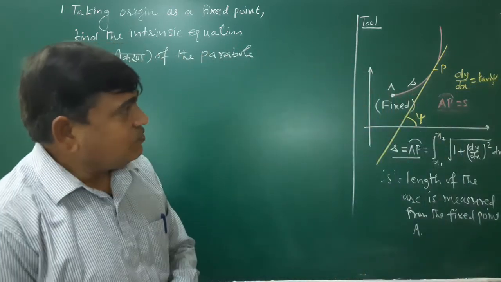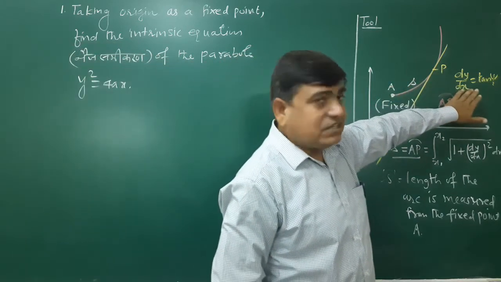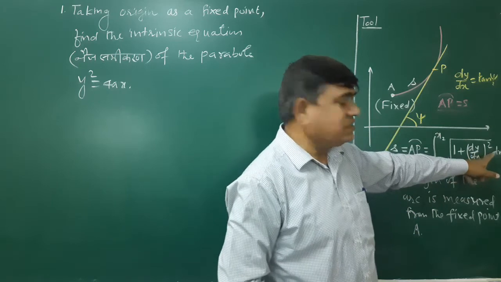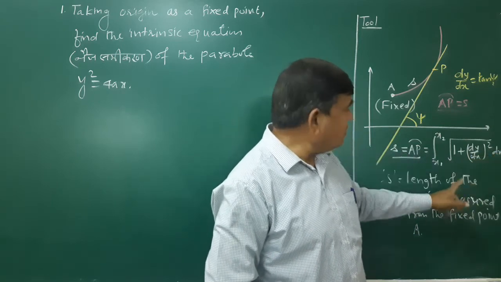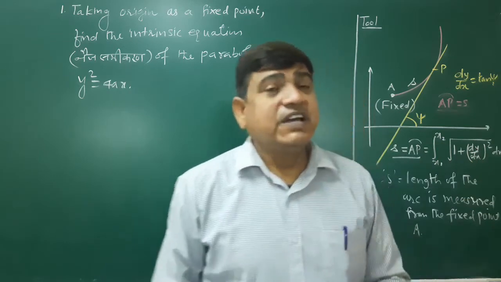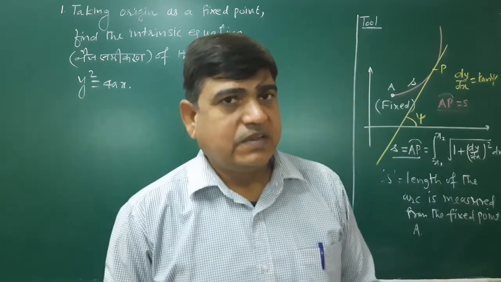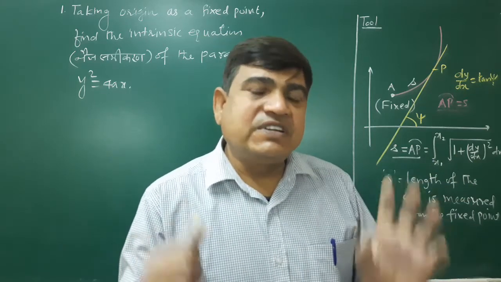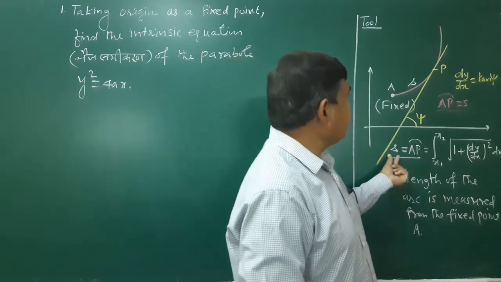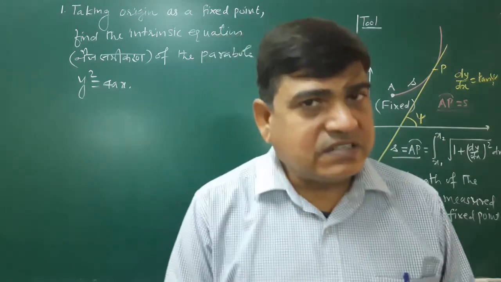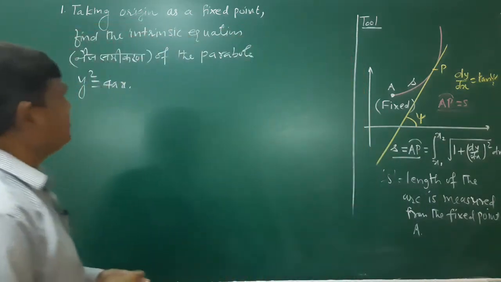So we use dy by dx equals tan psi and this formula, that is root of 1 plus dy by dx whole square dx, or the limit y1 to y2 of root of 1 plus dx by dy whole square dy. It depends on you. So we try to eliminate x and y and find the relation in terms of s and psi; that relationship is known as intrinsic equation. So let us continue.